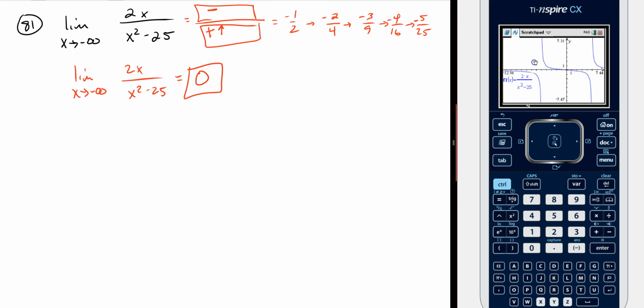But as x keeps getting smaller and smaller, going to negative infinity, so I keep going left and left on the graph, my blue line, the actual function, is getting closer and closer to 0. So the further I go to the left, the smaller that value gets. So my limit as x approaches negative infinity is 0.